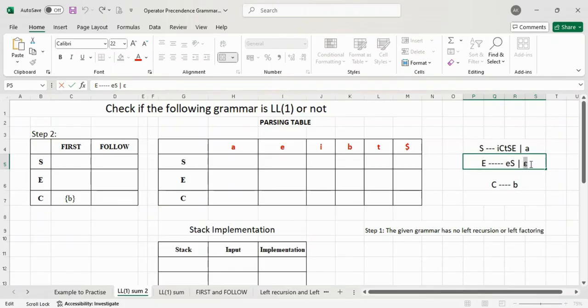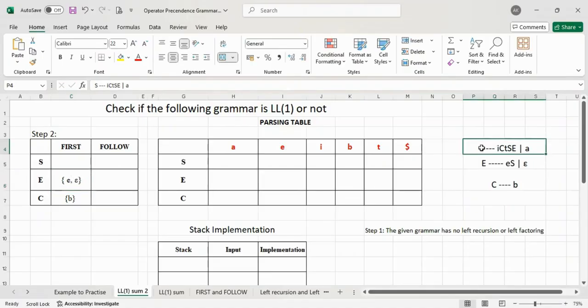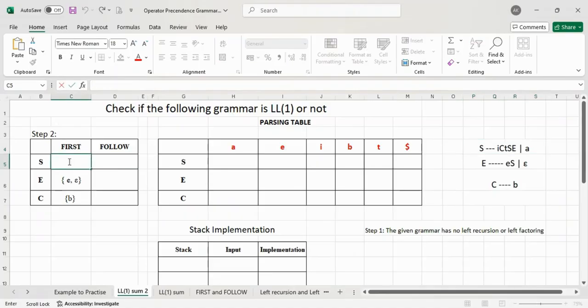And because of this highlighted rule, the first of E is epsilon. Thus, first of E is small e and epsilon. Likewise, if you observe the capital letter S, first of S is i and a. Okay, so this is my first for S, E and C.